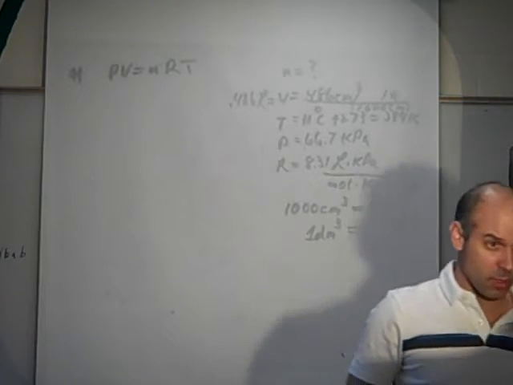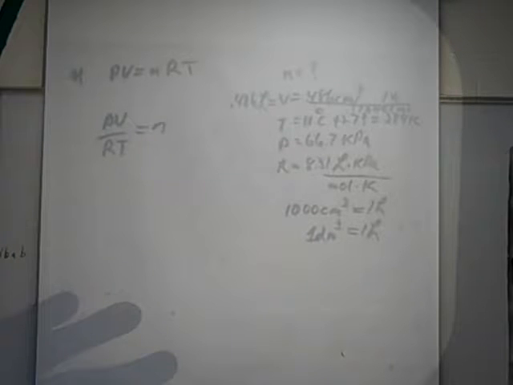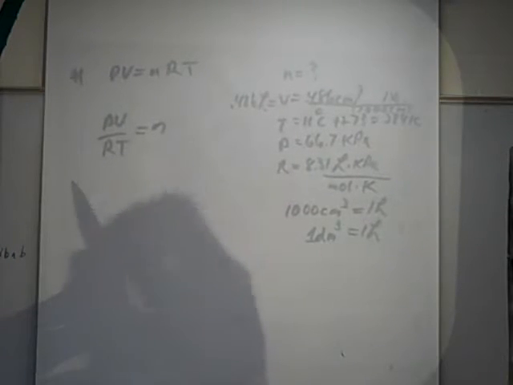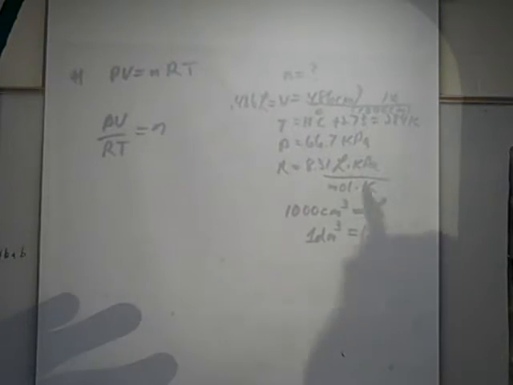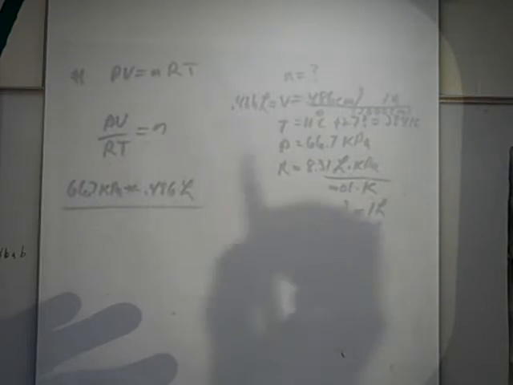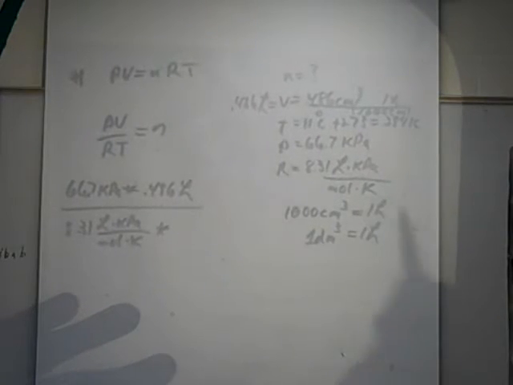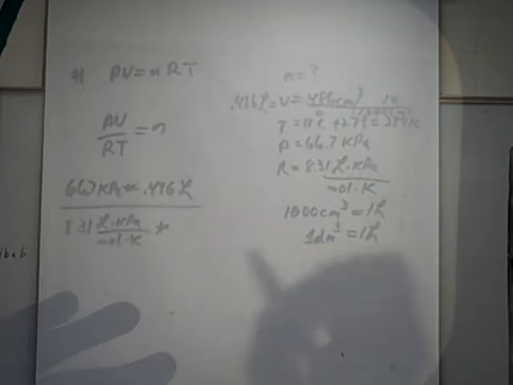Again, on the test, you need to be explicit and show all your work. PV over RT is equal to n. So pressure is 66.7 kPa times my volume, 0.486 liters, divided by R times temperature.